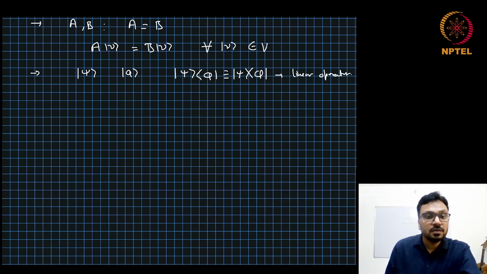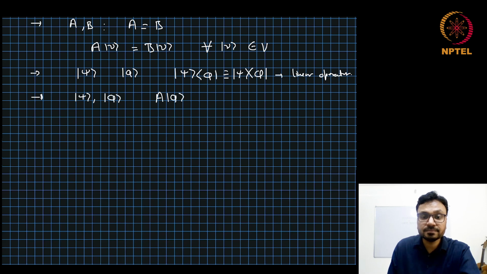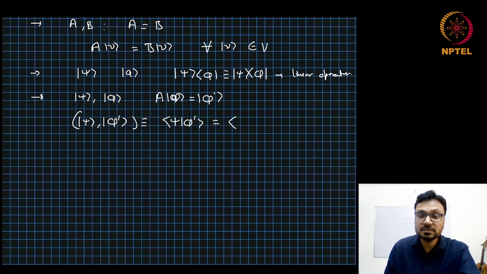Now if we have a vector psi and a phi, and we apply a linear operator A on phi, which will give us phi prime, then the inner product of psi and phi prime is psi phi prime, which is psi A phi.